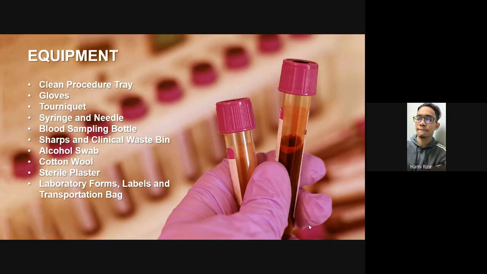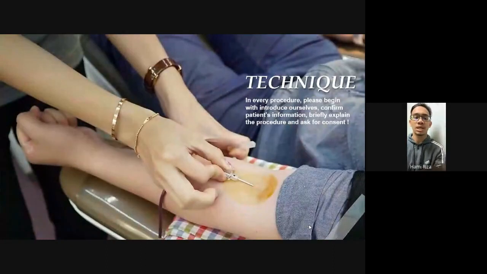Okay, next. Then we proceed with the technique for venipuncture, but please bear in mind that every procedure shares the same basic concept, in which at the beginning of the procedure we should introduce ourselves, confirm patient details such as name, age and registration number, briefly explain the procedure to the patient, and most importantly, ask for patient consent.